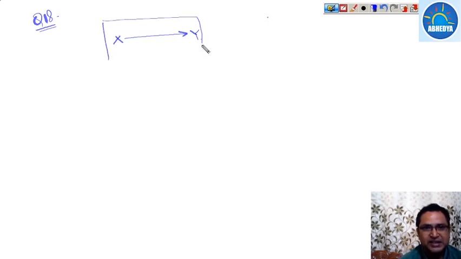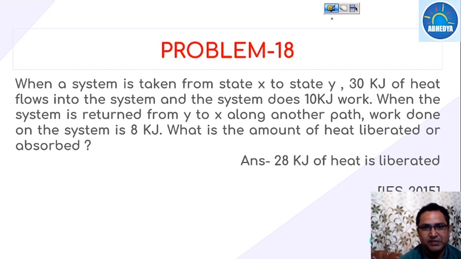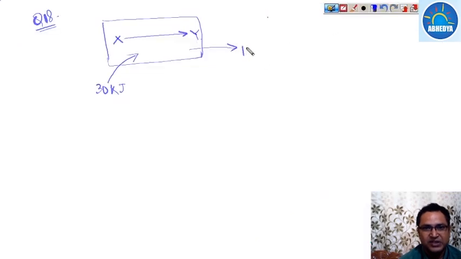It is something like this, from state X to state Y. So 30 kilojoule of heat is flowing into the system and 10 kilojoule of work the system does. So E in minus E out is equal to delta E system, according to the first law of thermodynamics.